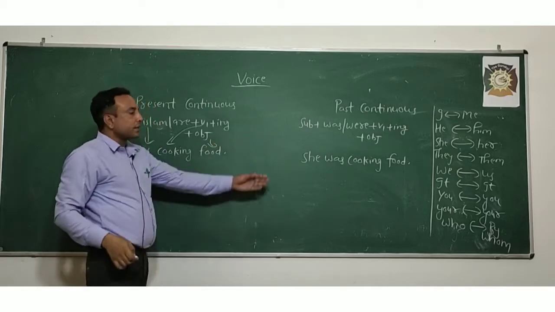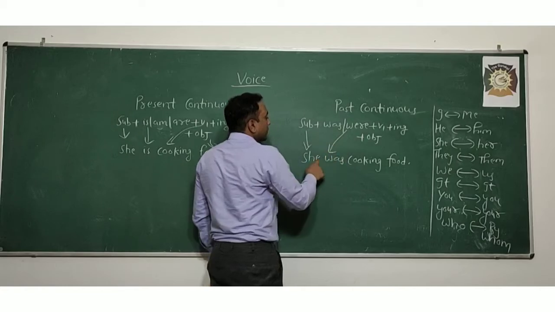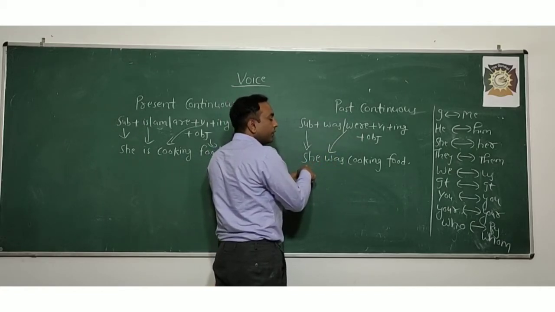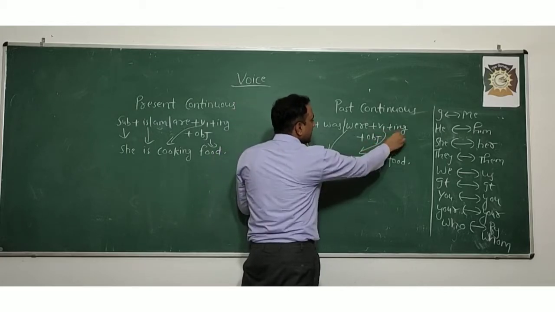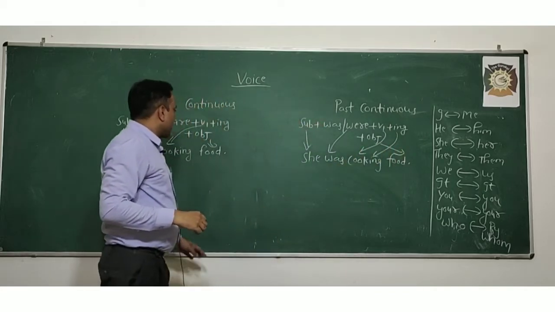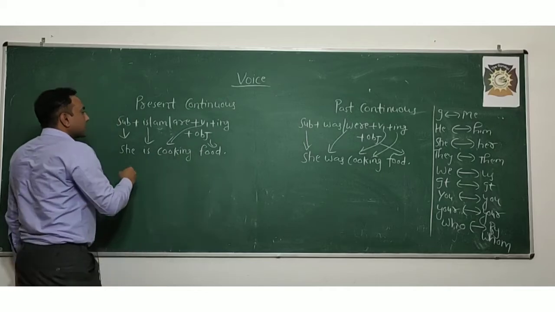Same is in this. Subject is she, was/were, because she is singular, that's why we use was. If there is they were cooking food, then we use were, and cooking again V1 plus ing, and object is food. So to change the sentence, subject is changed into object and object is changed into subject.